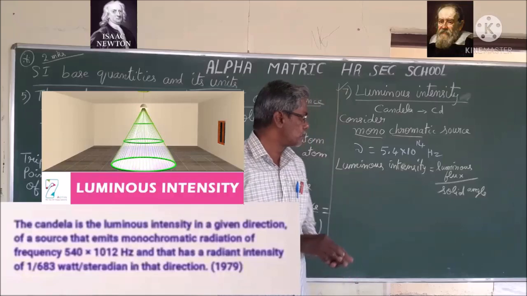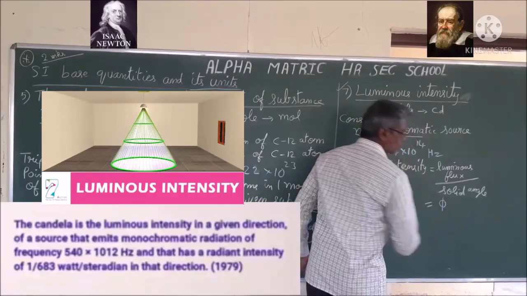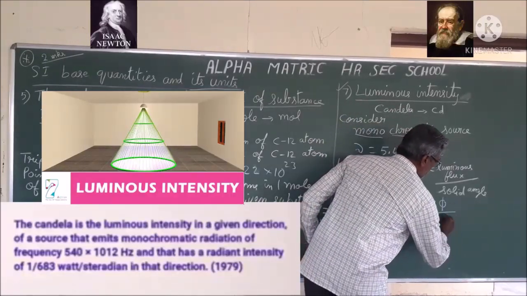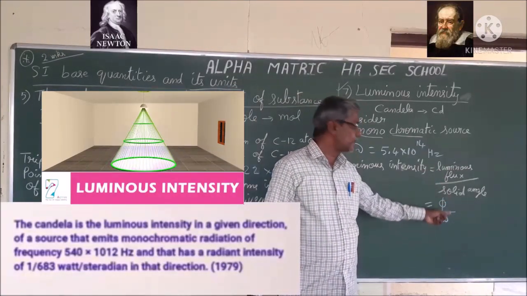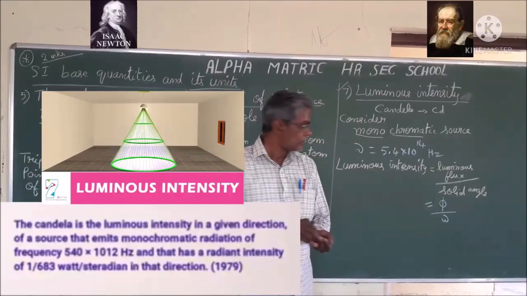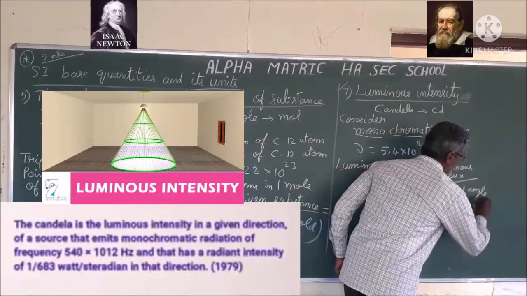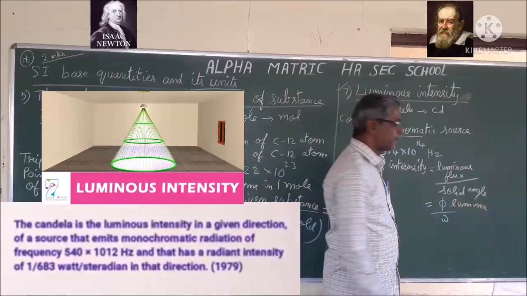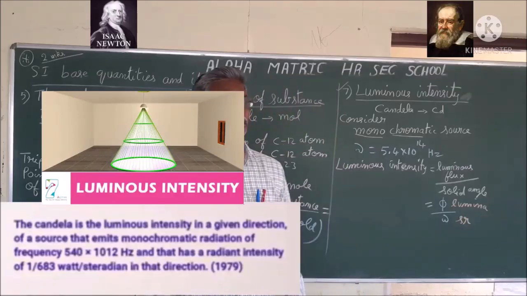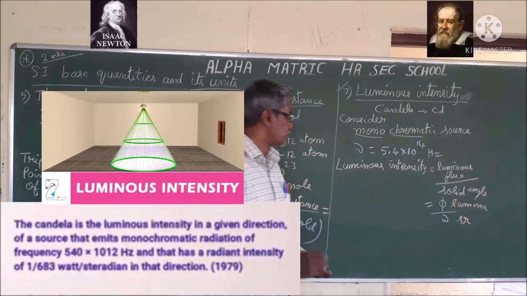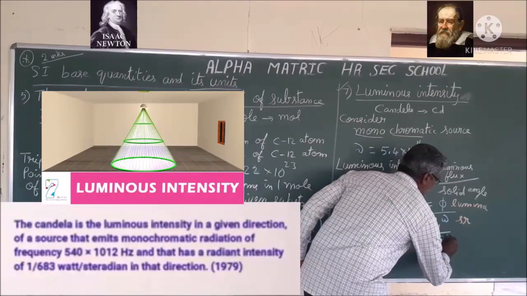Now the symbol for luminous flux is phi, and for solid angle it is omega. The unit for flux is lumen, and for omega it is steradian, symbol sr. Now the value is 1 by 683 watt.